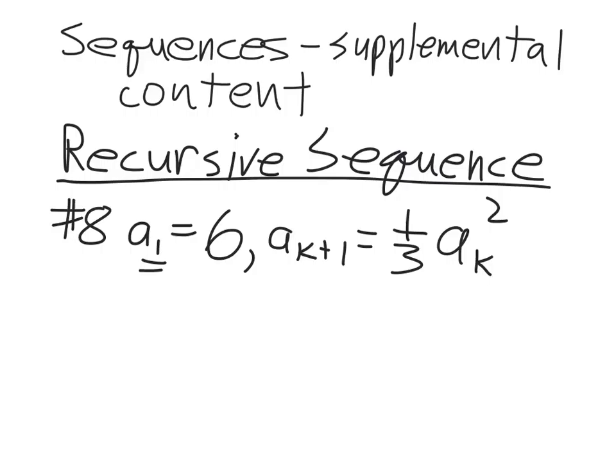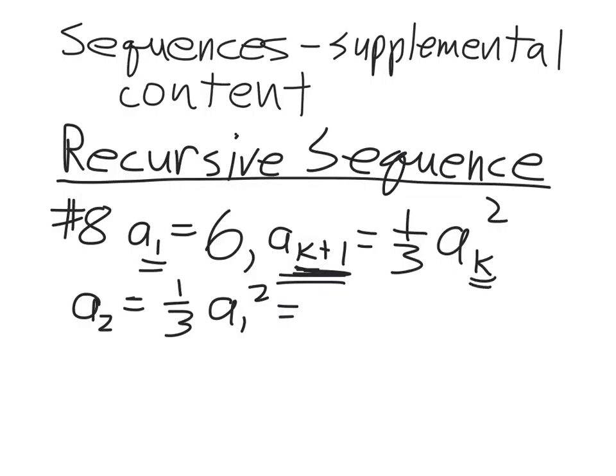In a recursive sequence, we have to have something to start with, because then the next one, let's say k is 1, we would be saying a sub 2 will equal 1/3 of a sub 1 squared. And this k plus 1 is what we consider the next term using the previous term.